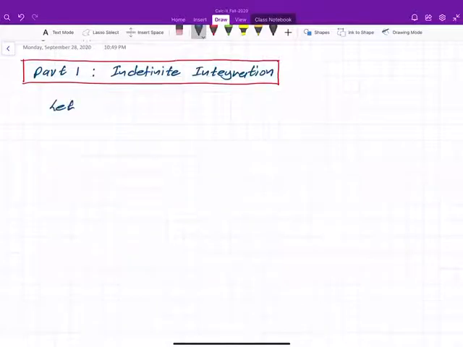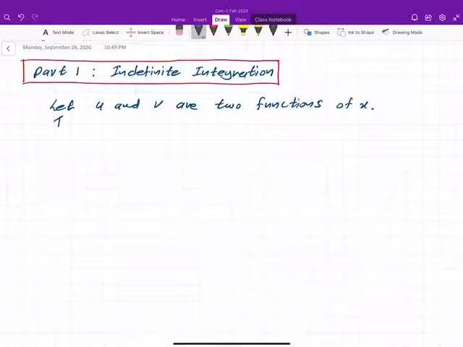Let u and v be two functions of x, then the integration of u times v prime can be given as uv minus the integral of u prime v dx.